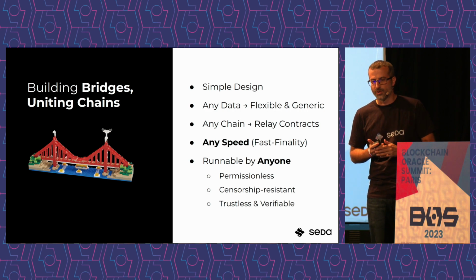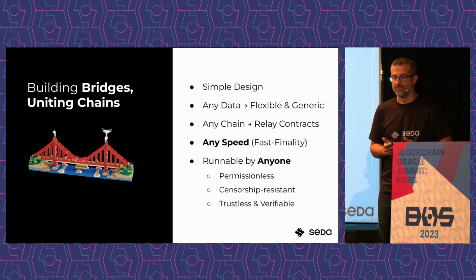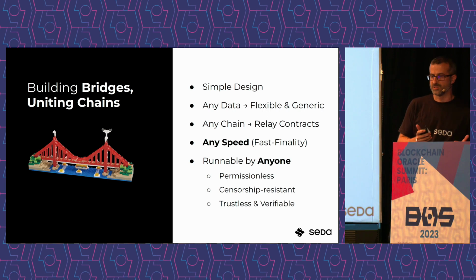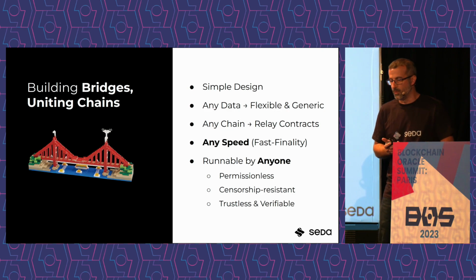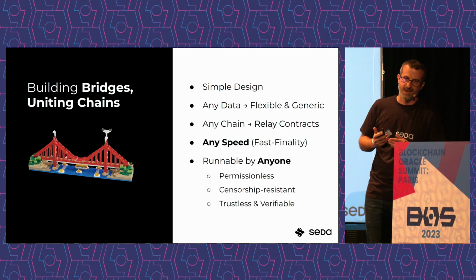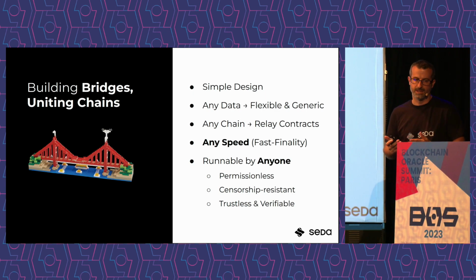No single entity should have the power of censoring any message passing. And obviously, all of this works thanks to cryptographically verifiable mechanisms that achieve the trustlessness of the protocol.